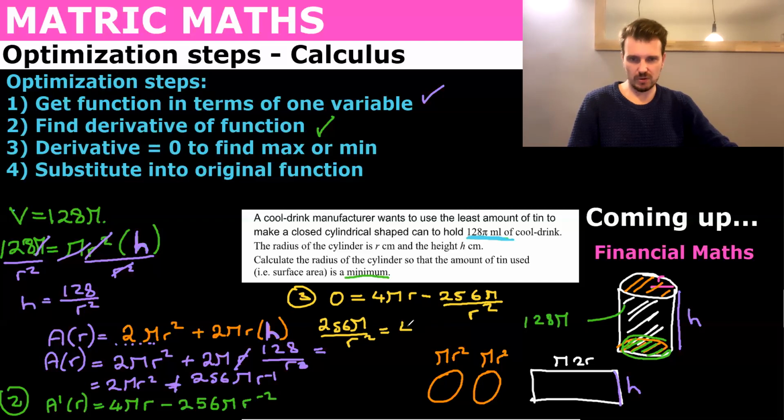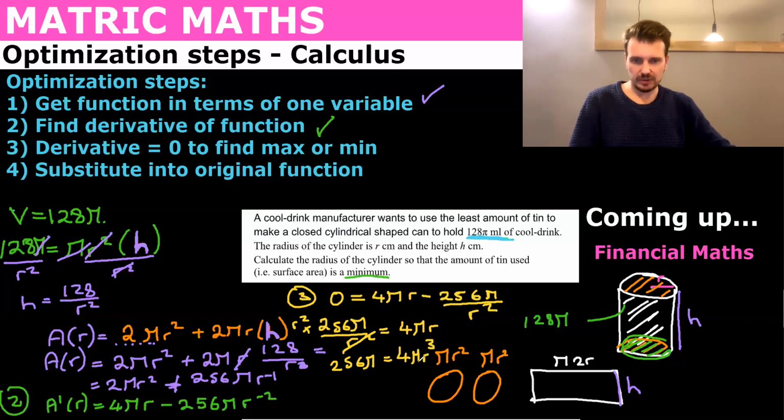256 pi over r squared equals 4 pi r. Now, I need to calculate the radius, so I need to solve for r by itself. The easiest thing to do is times by r squared on both sides to get rid of the r squared. So the r squared cancels on that side, and this becomes 4 pi r cubed.